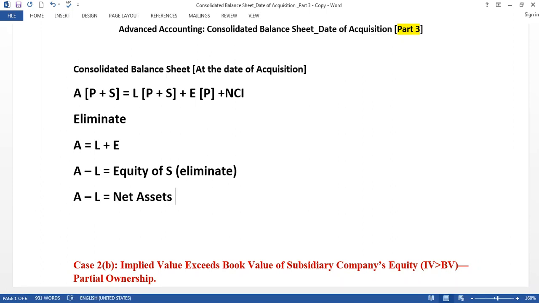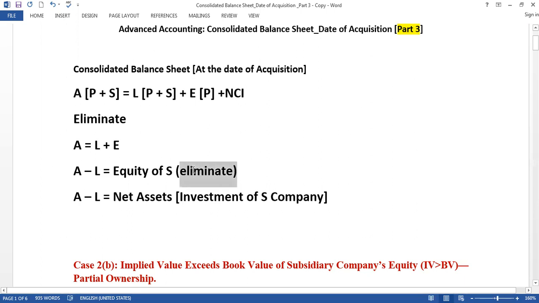Net assets means the investment in the subsidiary company. So the parent company invests in the subsidiary company. So this account should also be eliminated.